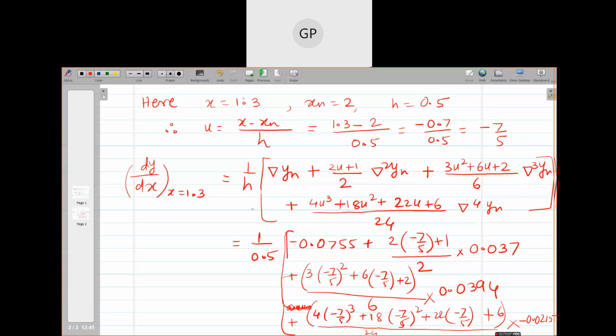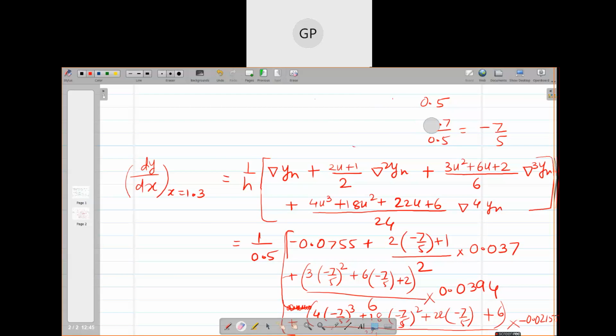So now I'm going to erase the upper part here itself so that I can get the terms easily. I'm going to substitute and evaluate the values.